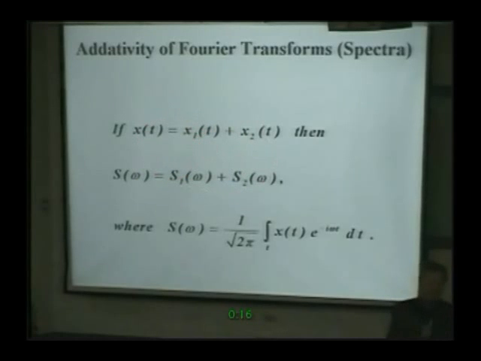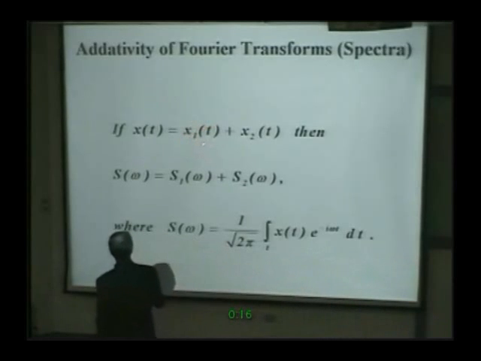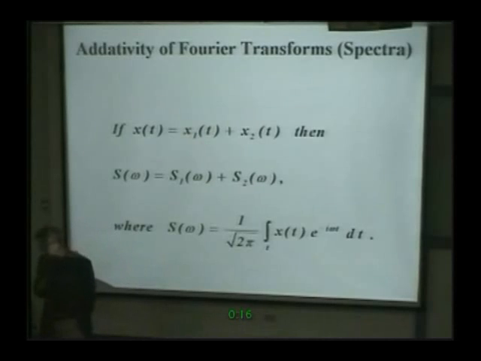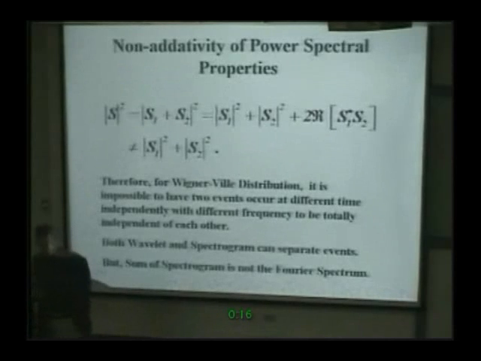However, you have to think that the power spectral density is not linear. Power spectral density is not obtained from x, it's obtained from the correlation function of x. The correlation function of x is actually S squared. If S squared equals S1 plus S2 squared, then that is S1 squared plus S2 squared plus two times the multiplication. Therefore, S squared does not equal S1 squared plus S2 squared.